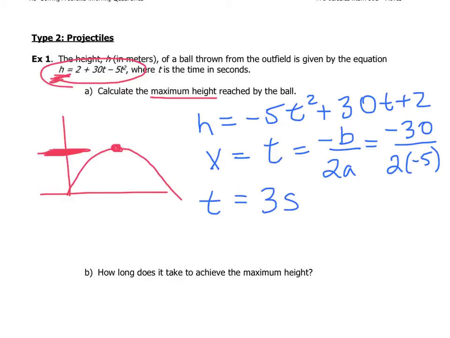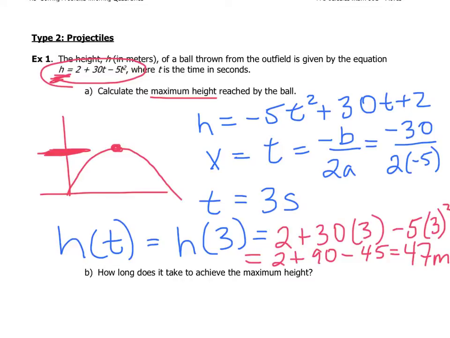But the question in part A actually asks us the maximum height that's reached. So we want to figure out what the height at 3 seconds is. So we take our equation from above here and just plug in t equals 3.